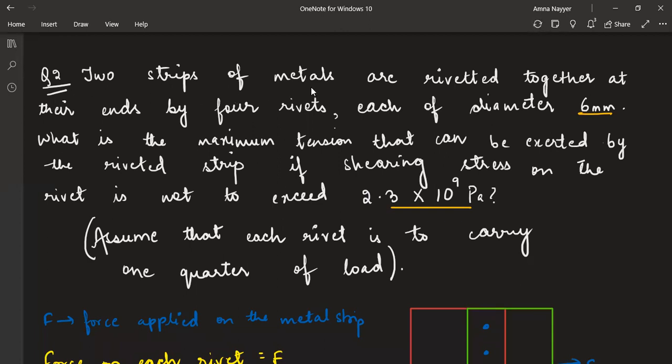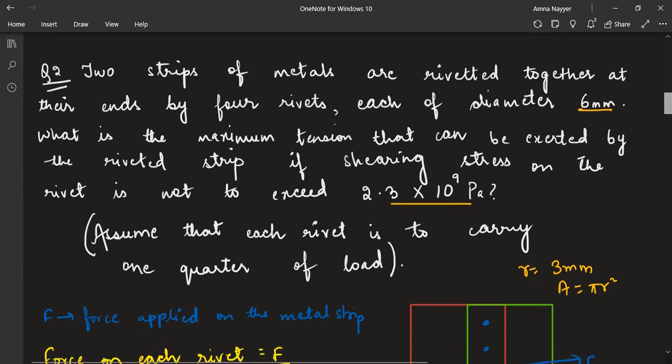Two strips of metals are riveted together at their ends by 4 rivets, each of diameter 6 millimeter. So radius will be 3 millimeter, and area will be pi r square. What is the maximum tension that can be exerted by the riveted strip if shearing stress on it is given?